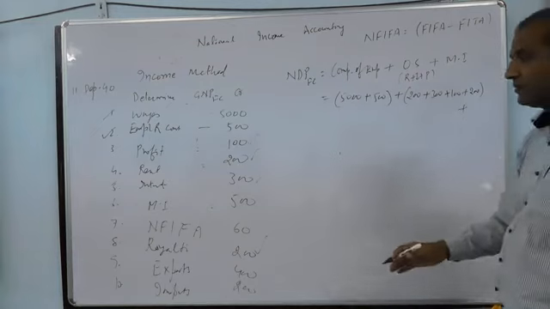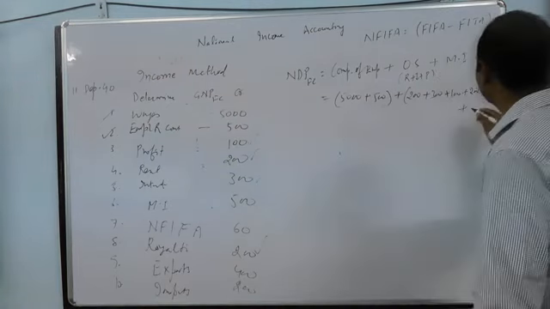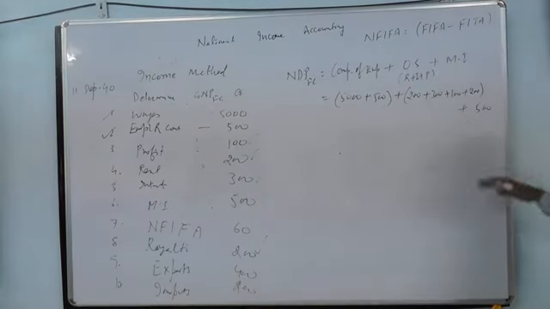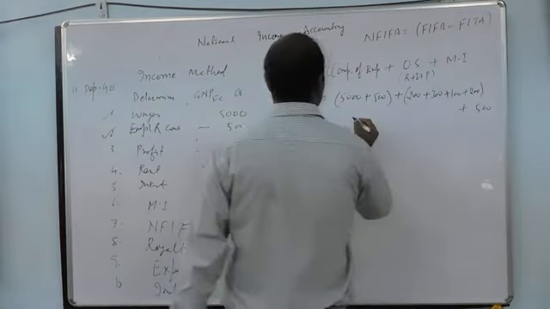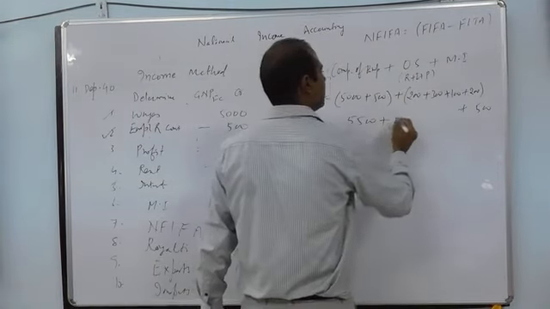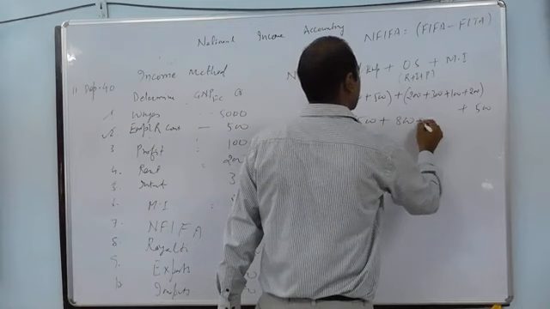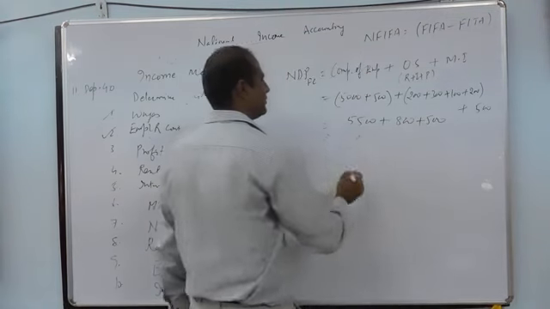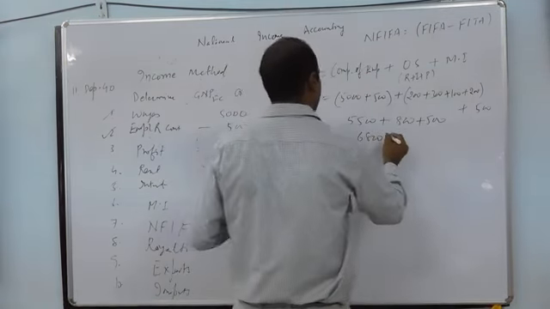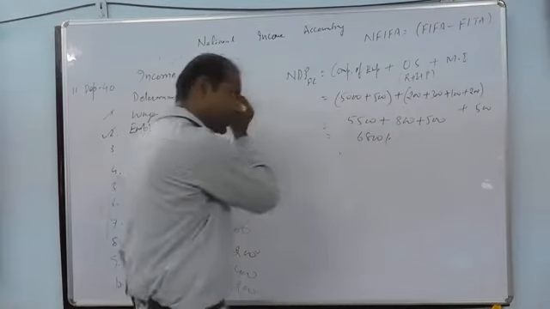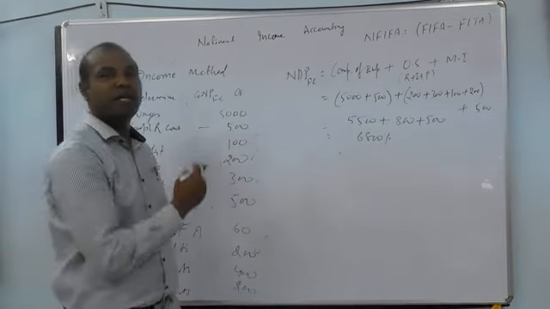Is mixed income given? Mixed income given 500. Now what have we got? 5500 plus 800 plus 500. 6,800 crore is NDPFC.